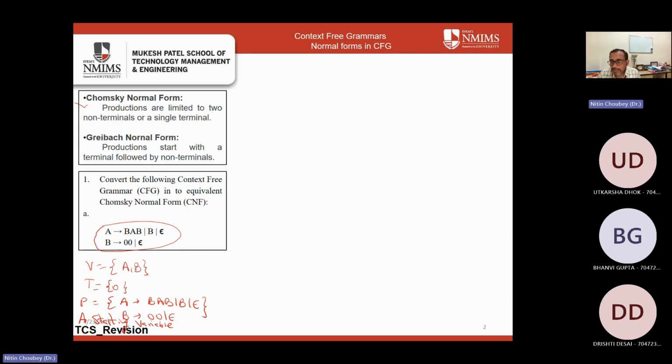So we have already seen the steps for simplification of grammar. The first step is what? We need to look for, is there any useless symbol available in the grammar? Here symbols available in the grammar are A and B, wherein A generates epsilon, that means A is not useless. B also generates epsilon or a set of terminals, that means B is also not useless.